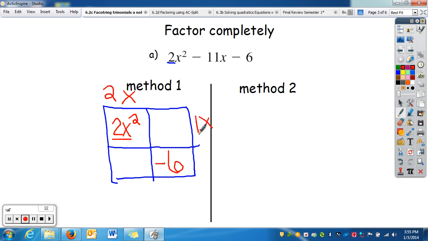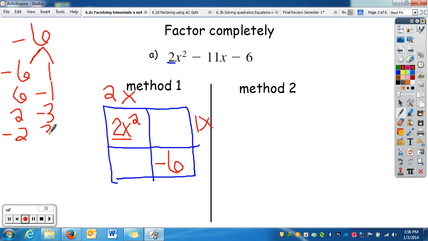Then we need to find, just like before, our factors of -6. So our factors of -6 are -6 and 1, 6 and -1. Then we have 2 and -3 and -2 and 3. One of these pairs is what we're going to use for the box. So at this point it is just trial and error to figure out what goes inside the box to give us the -11x.